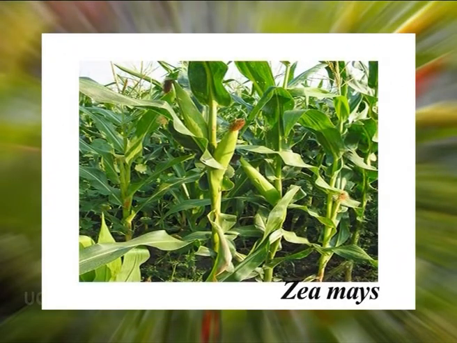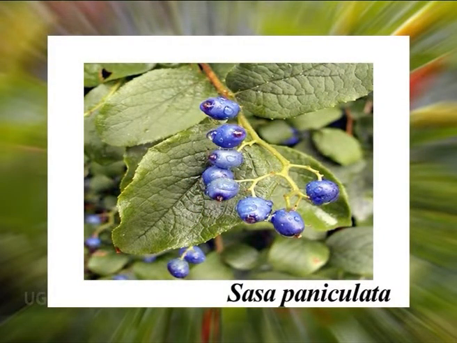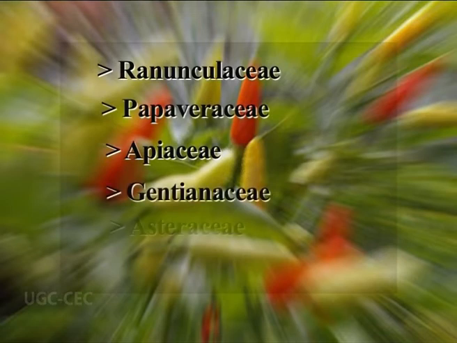In Zea mays, there are 20 antipodals, and in Sasa paniculata, there are as many as 300 antipodals. Multicellular antipodal complexes are found in members of the Ranunculaceae, Papaveraceae, Apiaceae, Gentianaceae, Asteraceae, and Poaceae.